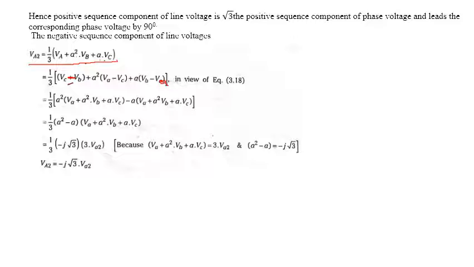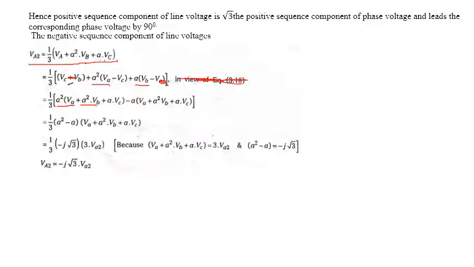Then, by simplification, consider the term a square into VA. If a square is common, we need to multiply it by a for VA. Similarly for a into VB, there is already a, so if I multiply by a square, I will get a to the power of 4.